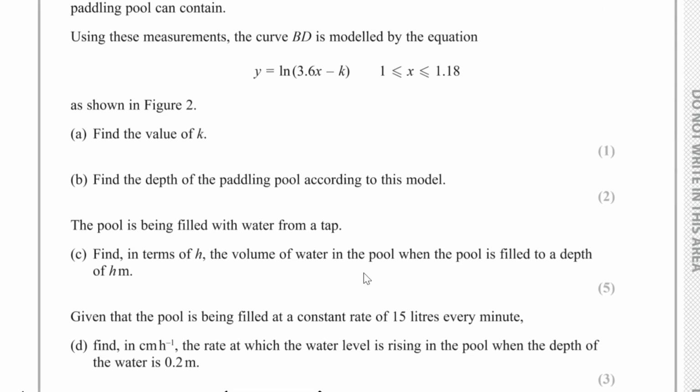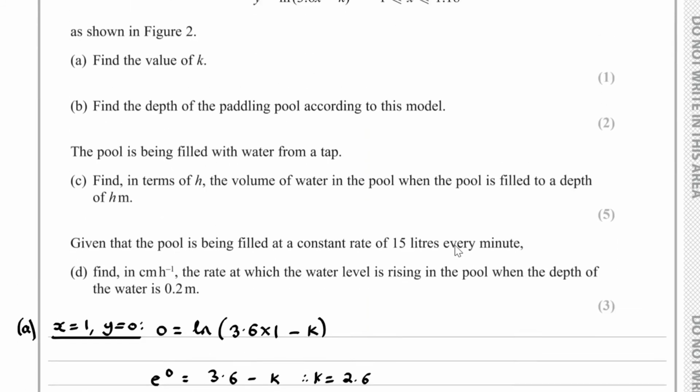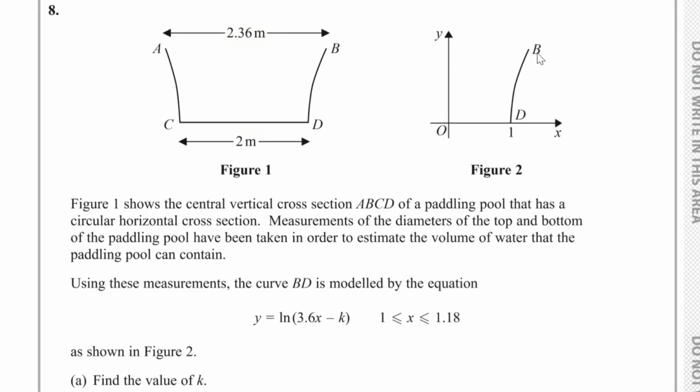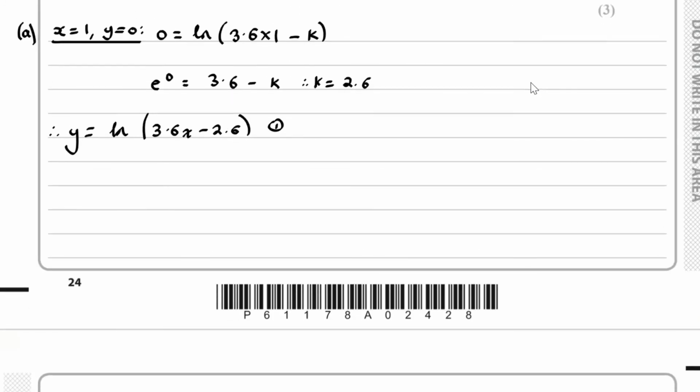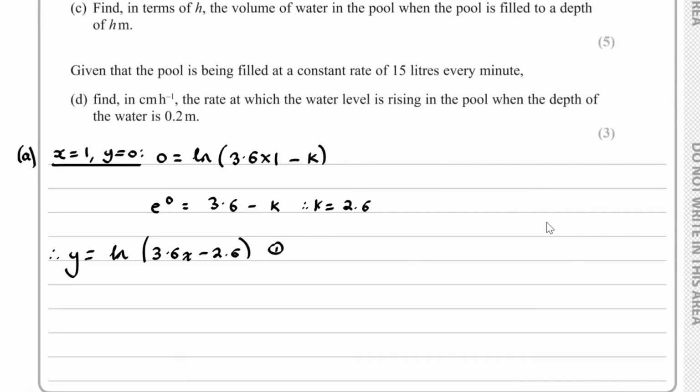For part B, we have to find the depth of the paddling pool according to this model. Well, let's see what happens when x equals 1.18. For part B, when x is equal to 1.18, we have y equals the natural log of 3.6 times 1.18 minus 2.6.